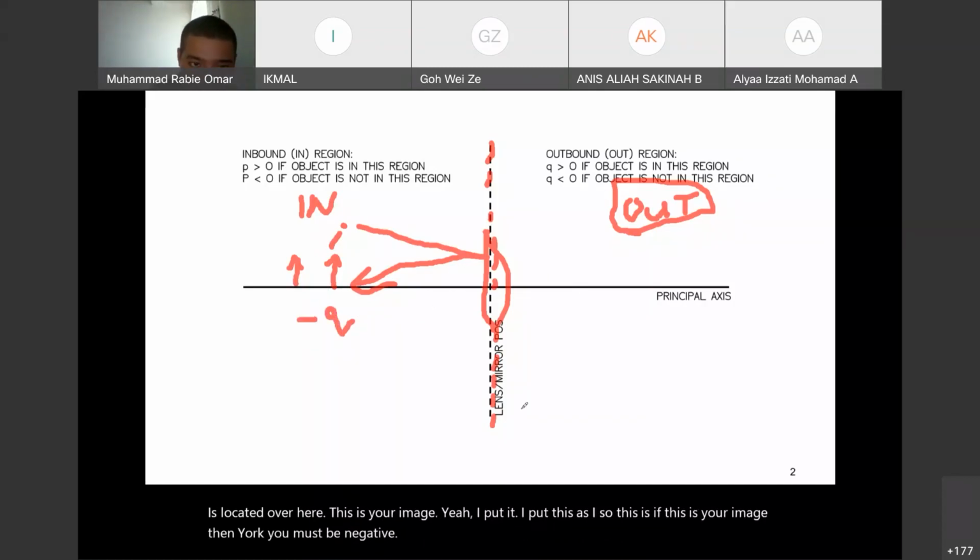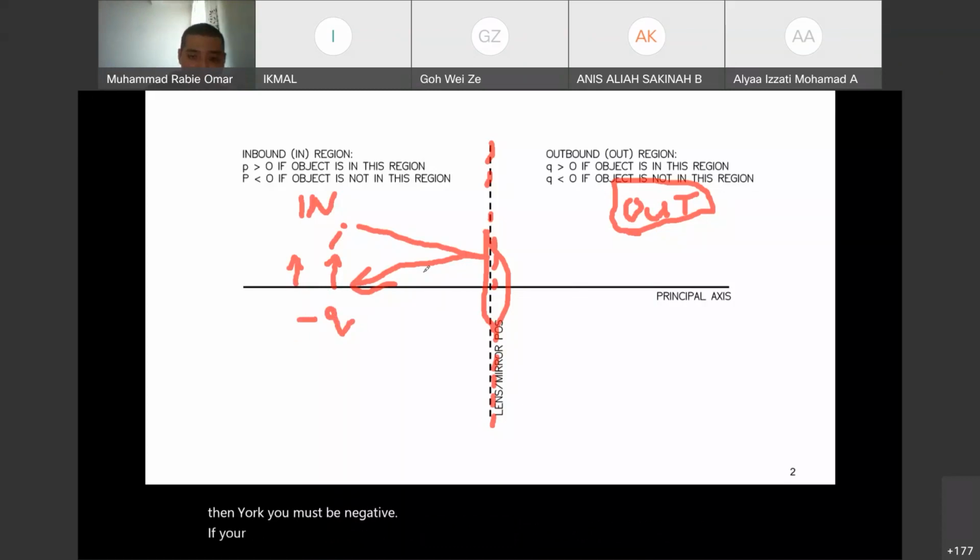If your image is located in front of the lens, then it should be minus Q. Because the image itself is located in the forbidden region. It is not possible for the light rays to be located over here, which is in the inbound region. It is not possible.